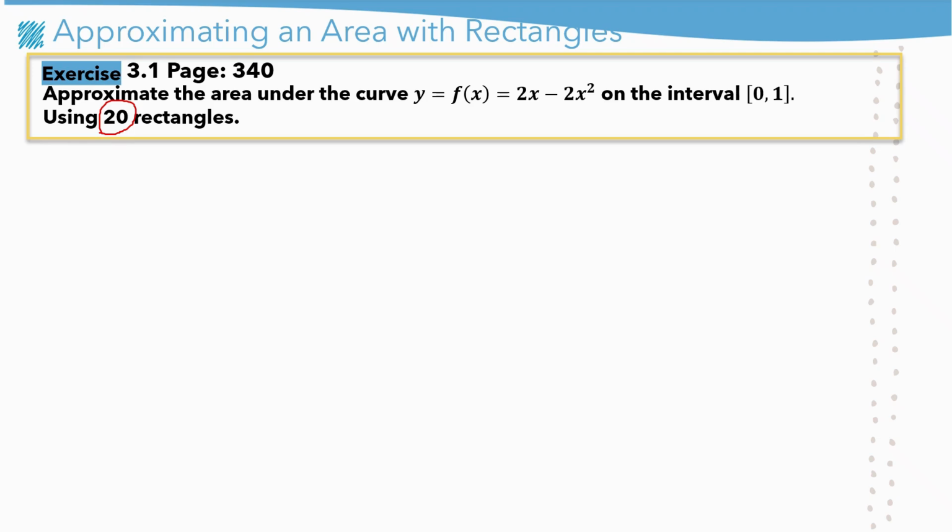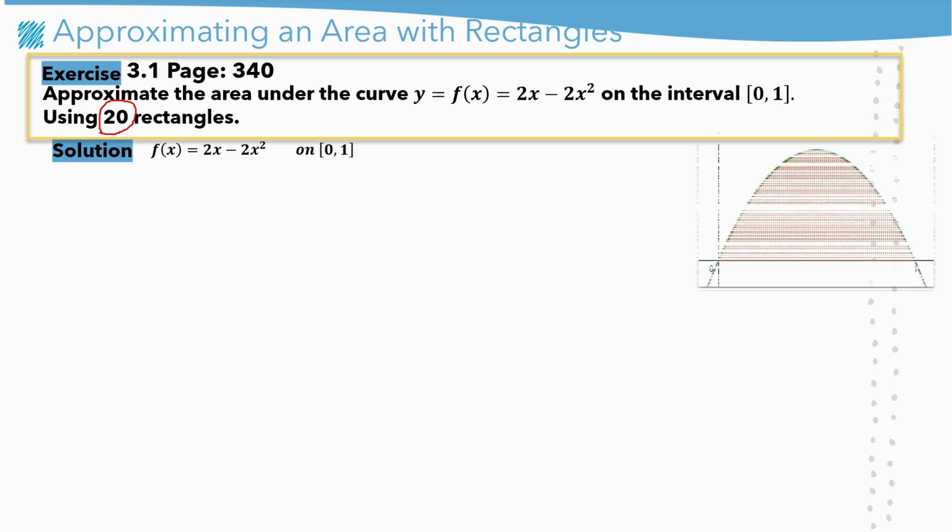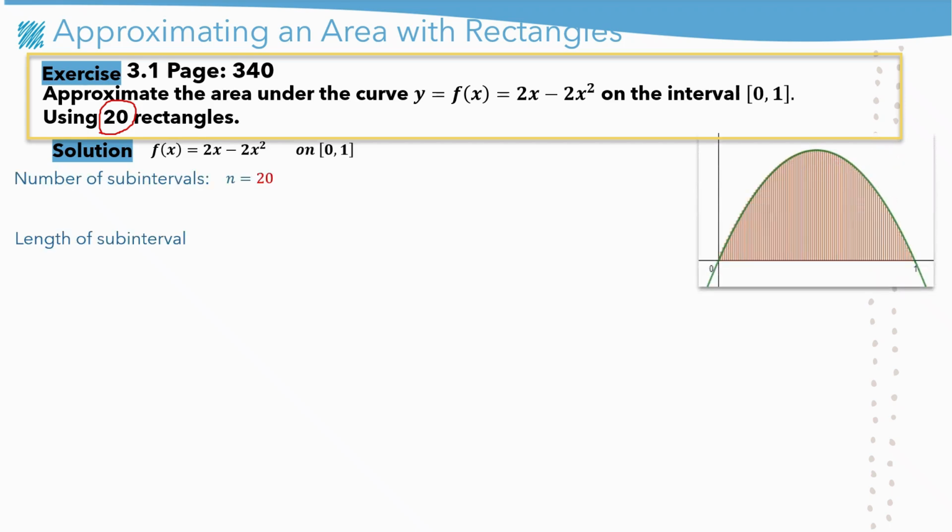Let's continue. Here your delta x formula remains the same as b minus a by n, but as n is 20, it will change to 1 over 20, which is 0.05, and your xi becomes 0.05i, where i ranges from 1 to 20.